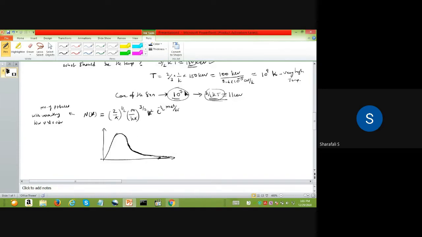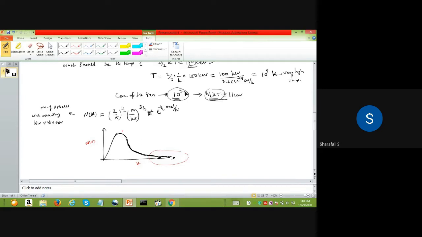When you consider the tail portion of this distribution, what I mean by tail portion is this side. This is the number of particles with velocity v, and this is the energy, half m v square, so it is also proportional to energy.